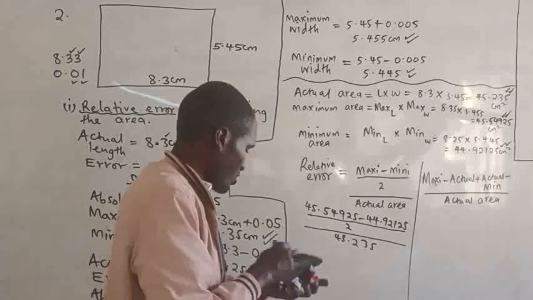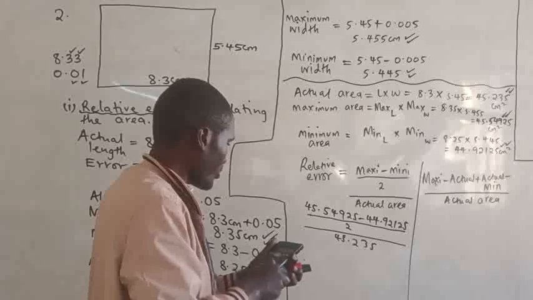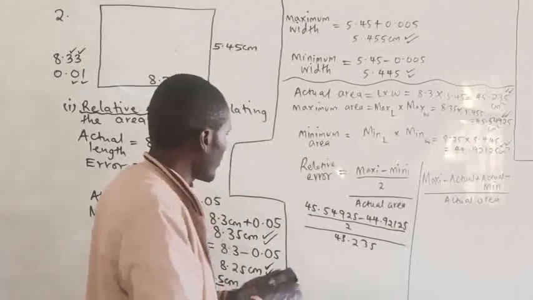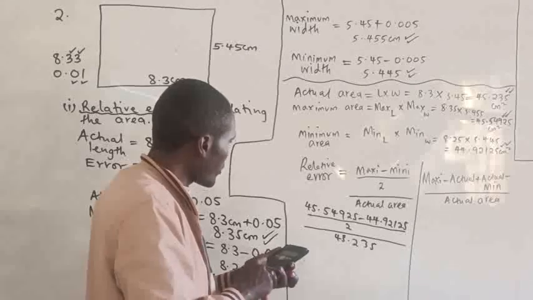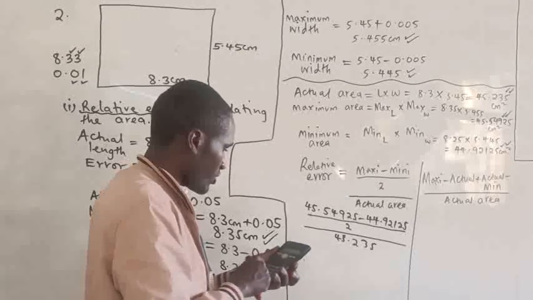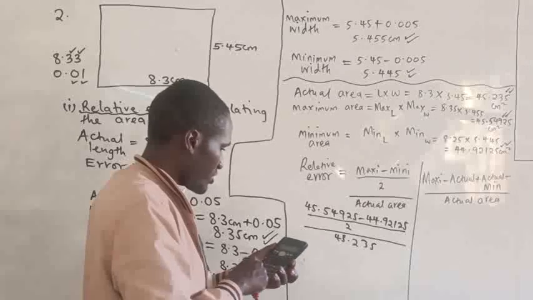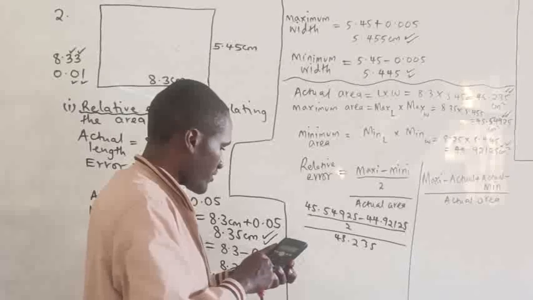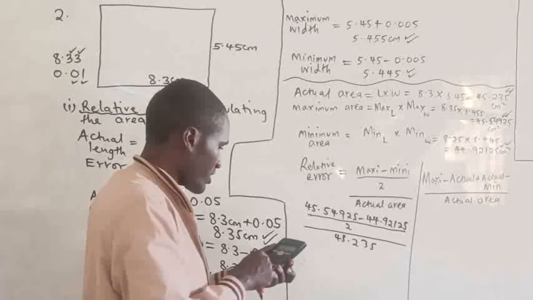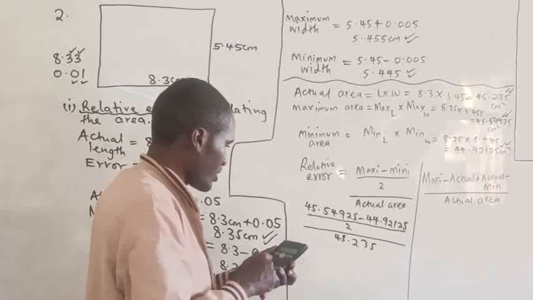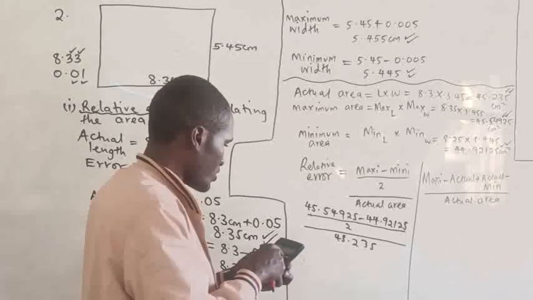So we have 45.54925 minus 44.92125, divided by 2, then divided by 45.235.